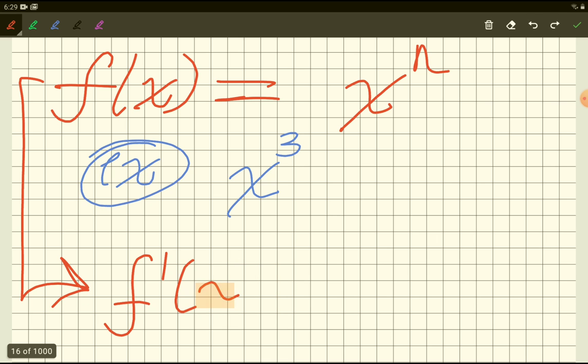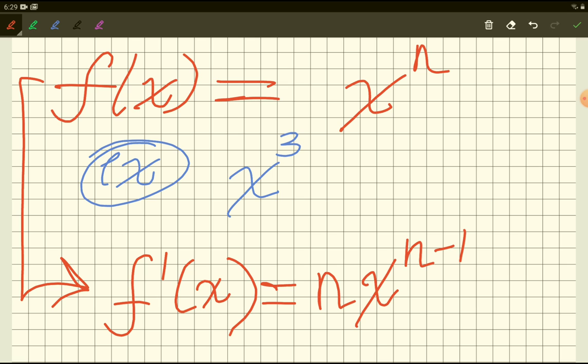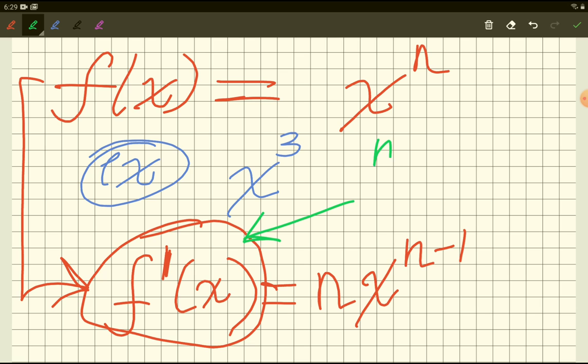Okay, this notation, this left-hand side right here, just for your information, is notation for the first derivative.